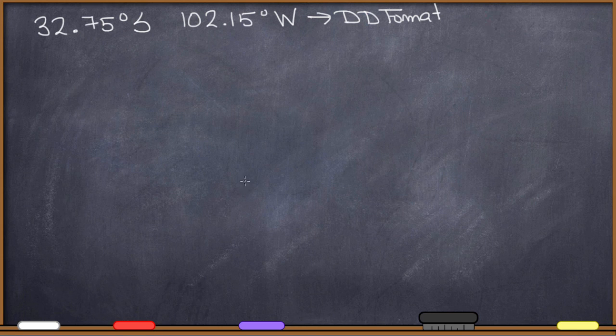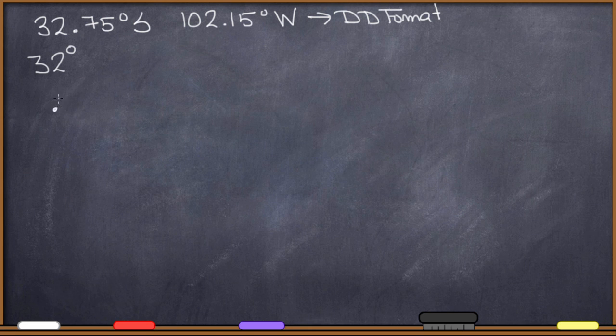Well, this is not so hard. It's just going to be moving backwards through the process that we did before. Well, as we did before, the whole numbers begin the same. So this has got 32 degrees south over here. So 32 degrees is going to be my number of degrees. Now I've got this 0.75 degree, right? How many minutes is 0.75 degrees?